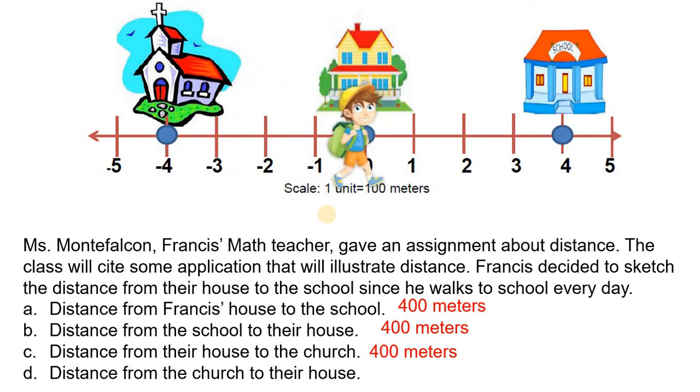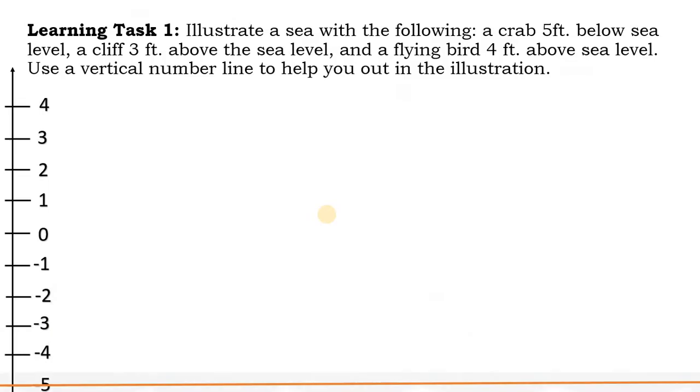Is still 4, which is equivalent to 400 meters. Okay? So, anong napansin nyo dito? Meaning, ang distance, laging positive numbers, diba? Kahit papunta, pabalik, okay? From house to school, school to house, positive pa rin yung lalabas na measurement ng distance.